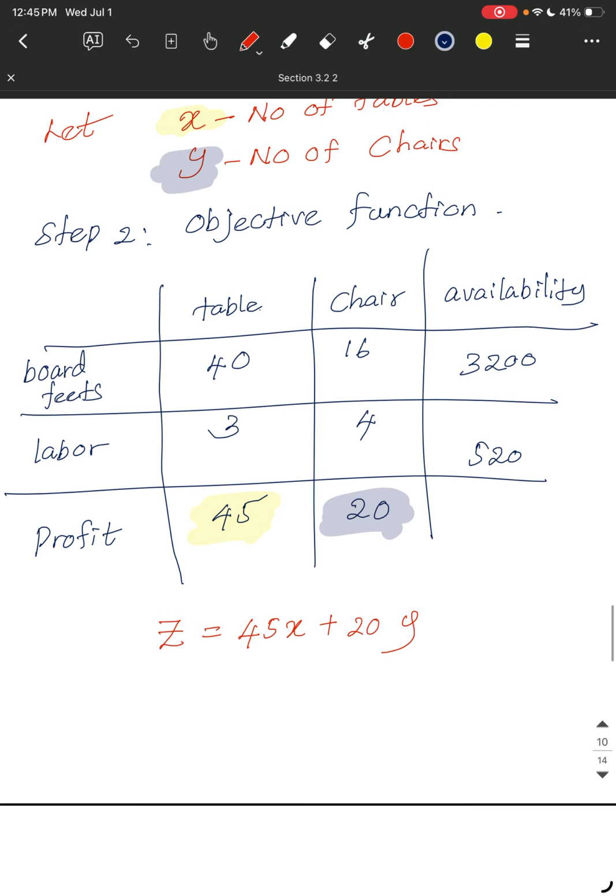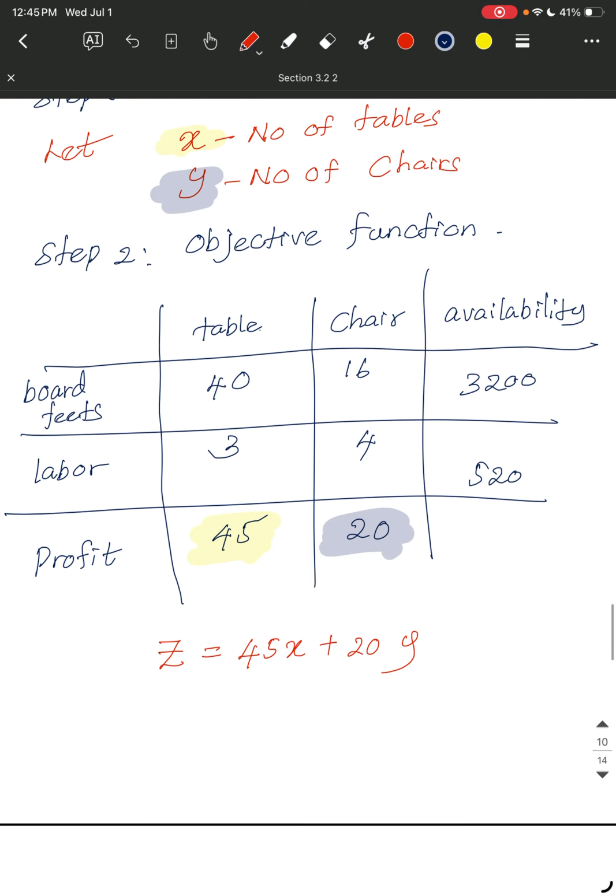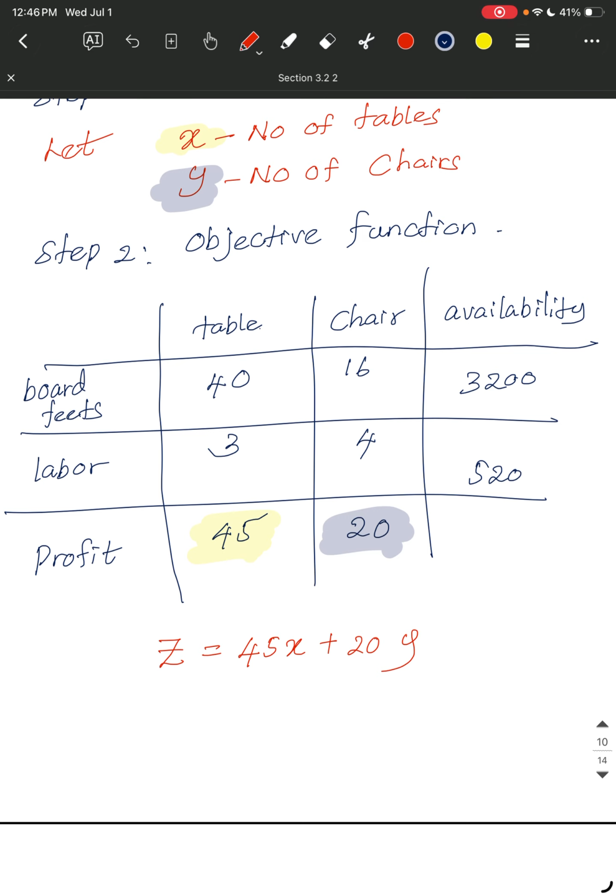Since we produce x number of tables and y number of chairs and per table $45, per chair $20, the total profit would be 45 times number of tables plus 20 times number of chairs.